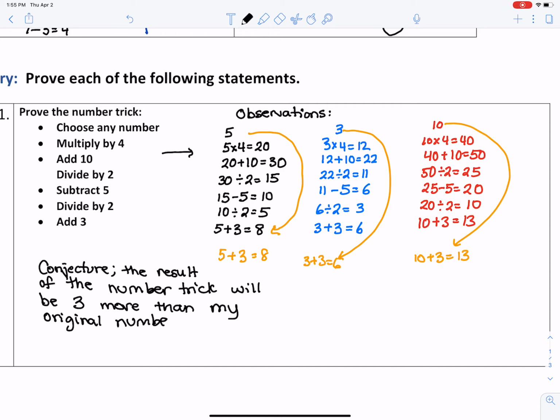Now again, this conjecture could be true or false. If I want to show that the conjecture is false, I just need to find an example that doesn't do this. But instead, I'm going to try to prove my conjecture because I think this is actually what's happening.